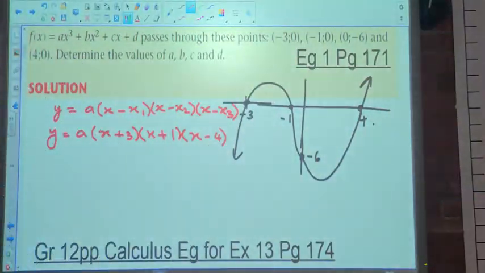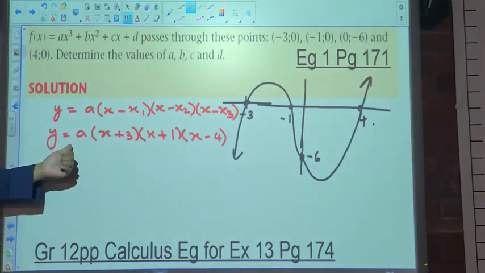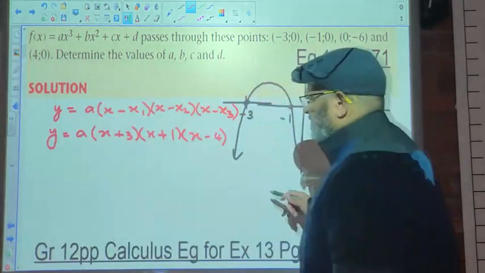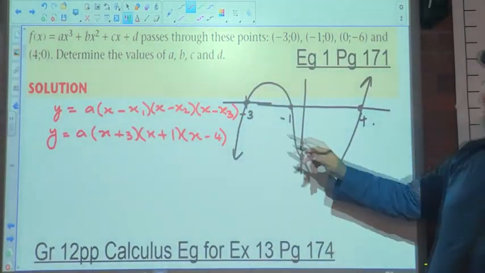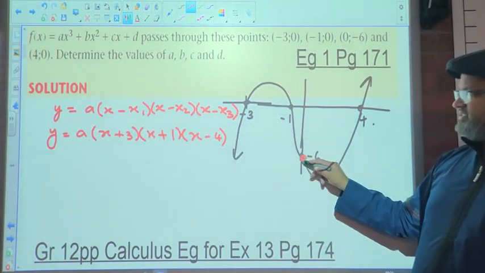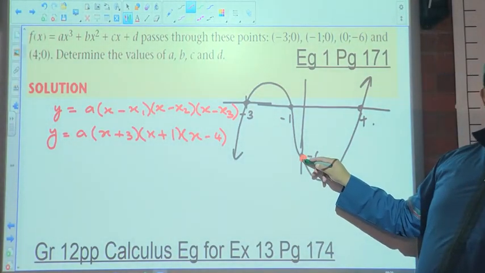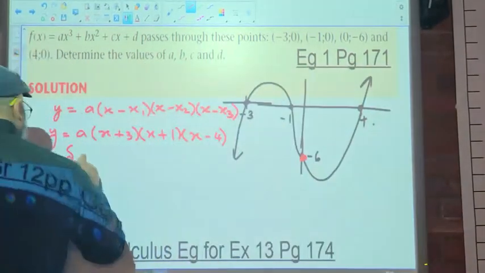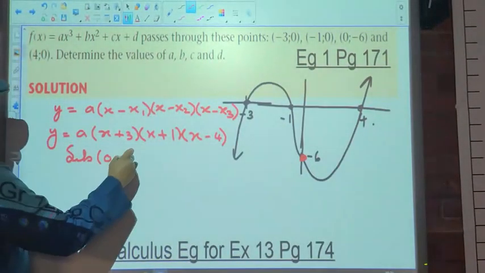So what needs to be solved here, people? The value for a. So to calculate the value of a, I'm going to substitute a point that we haven't used on the graph as yet, which is 0 and minus 6. You guys understand? So you substitute 0 and minus 6.